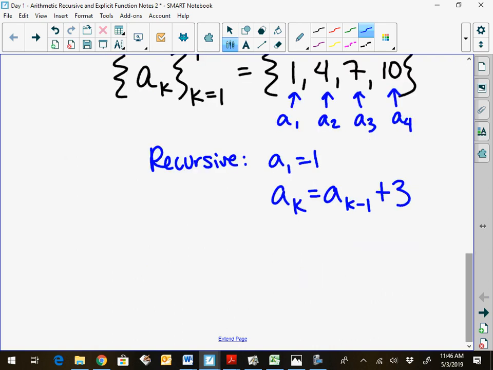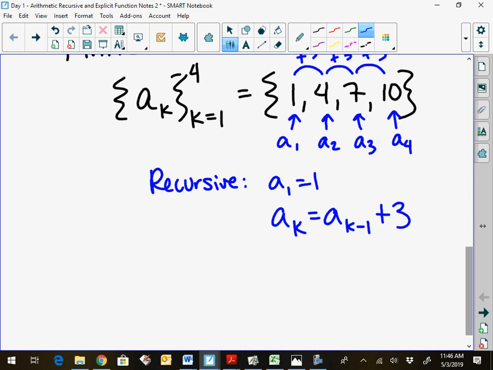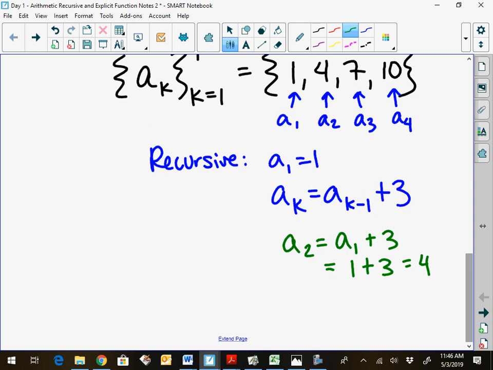Showing that example even more in this one. So if we looked at how to calculate these, a sub 1 was 1. So a sub 2 equals a sub 2 minus 1, which is 1, plus 3. And a sub 1 was 1 plus 3, so we get 4. Then we use that. So we have a sub 3 equals a sub 2.